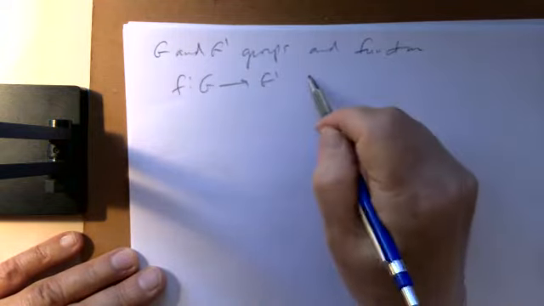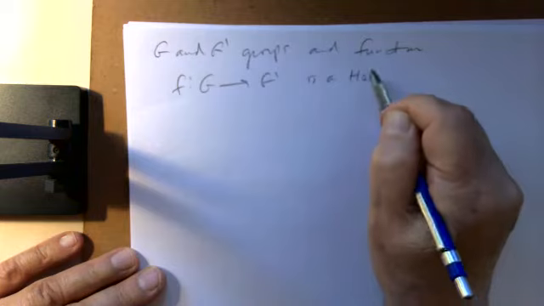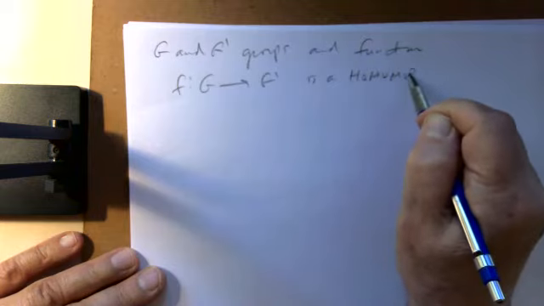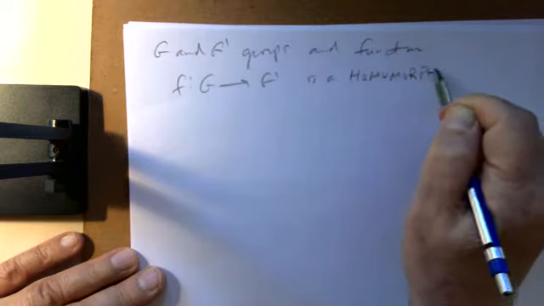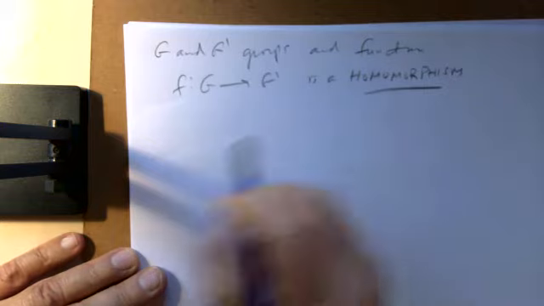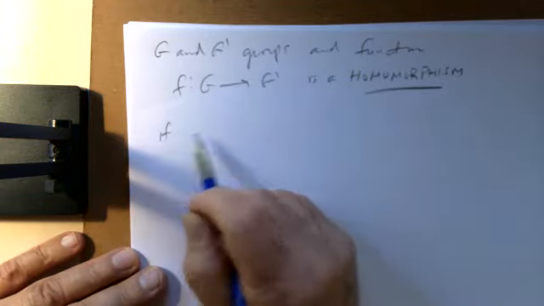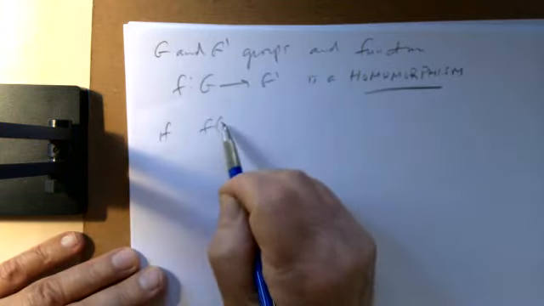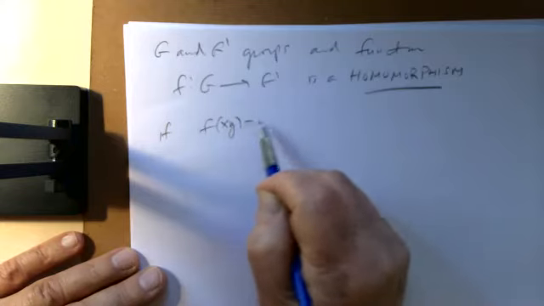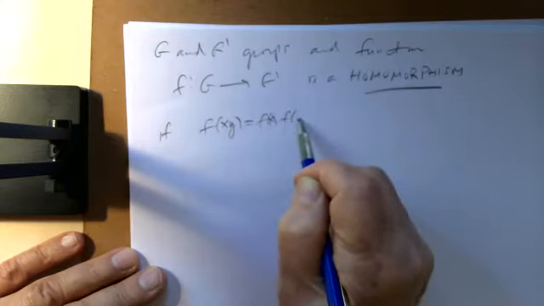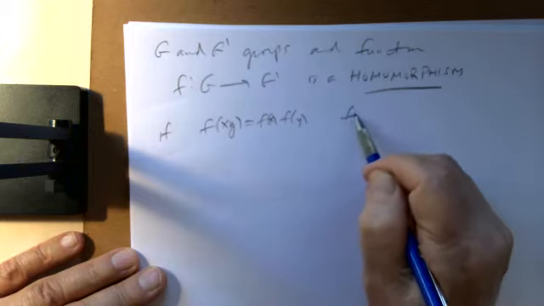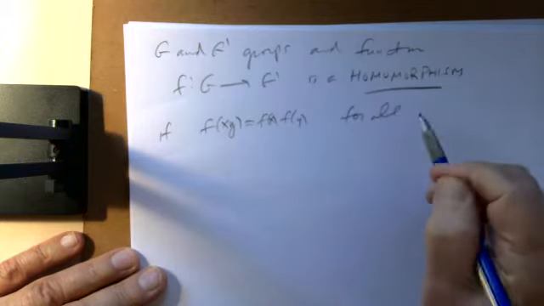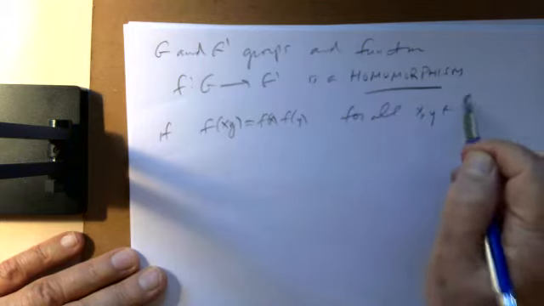And this function is called a homomorphism if it satisfies the property that f of x times y is f of x times f of y for all elements x and y in the group.